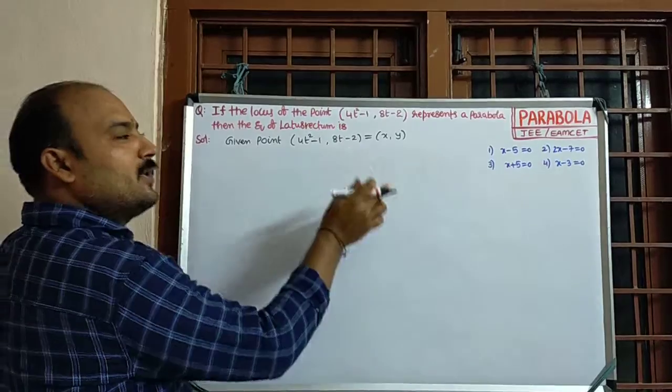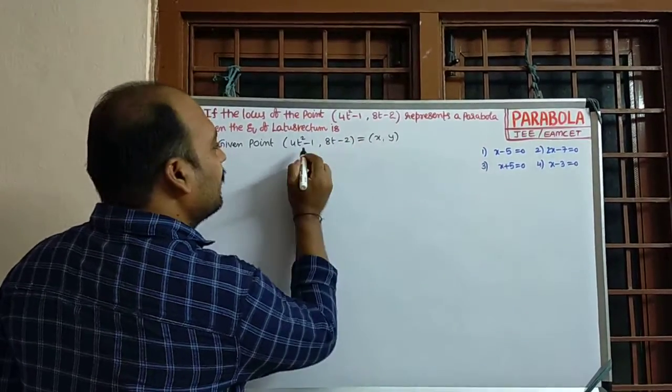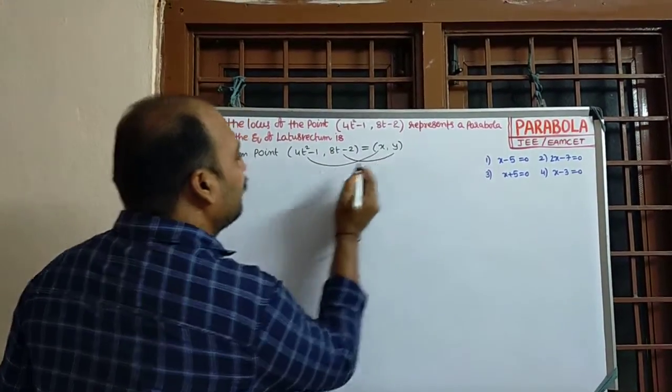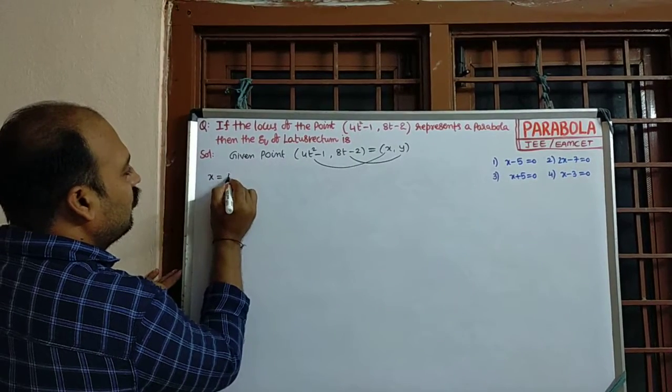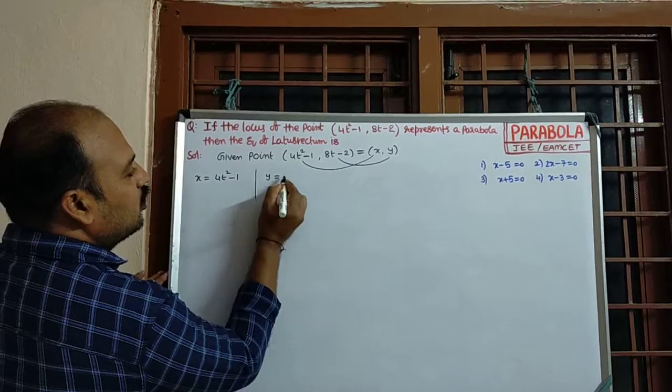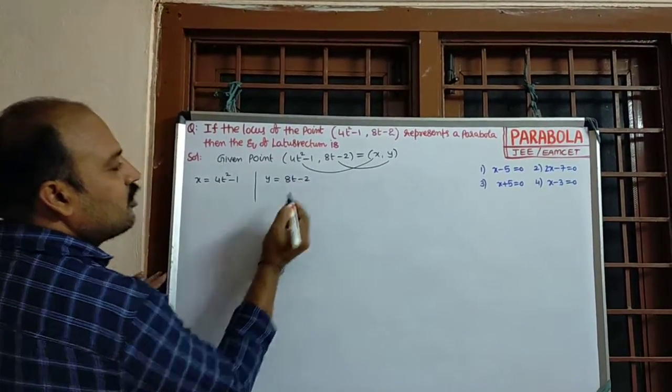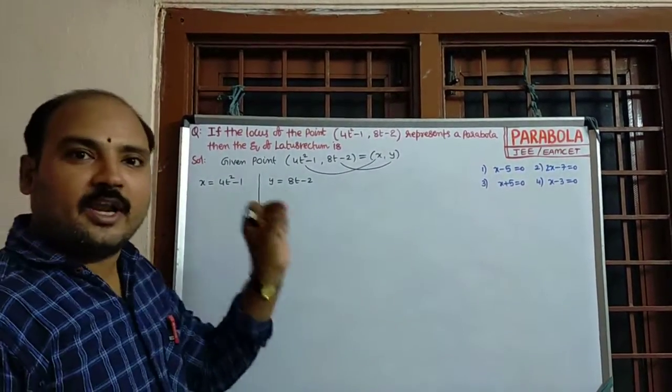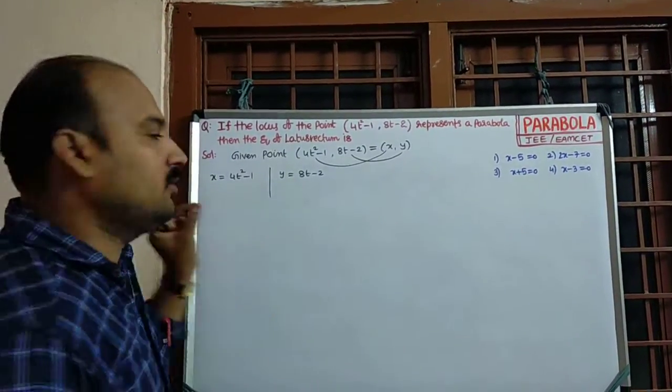Whenever we say locus, this point is equal to (x, y). Comparing these two, x = 4t² − 1 and y = 8t − 2. From these two values, remove the parameter t.